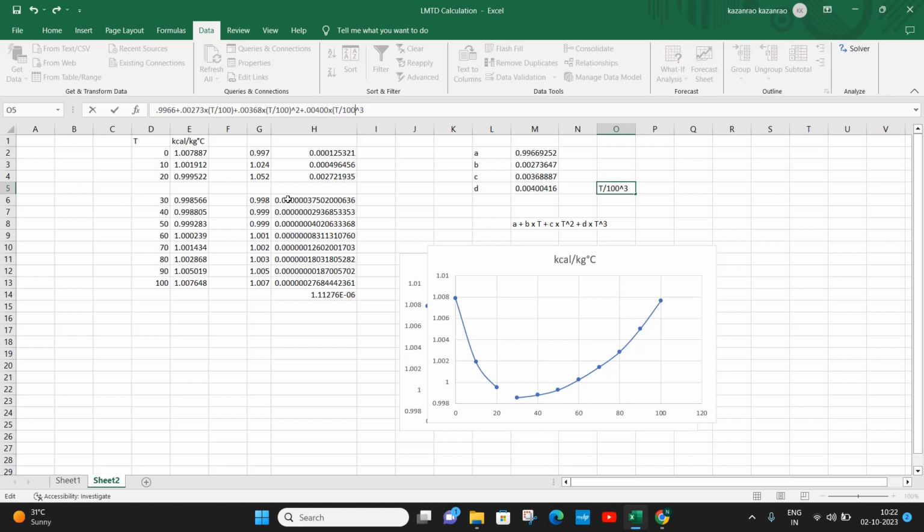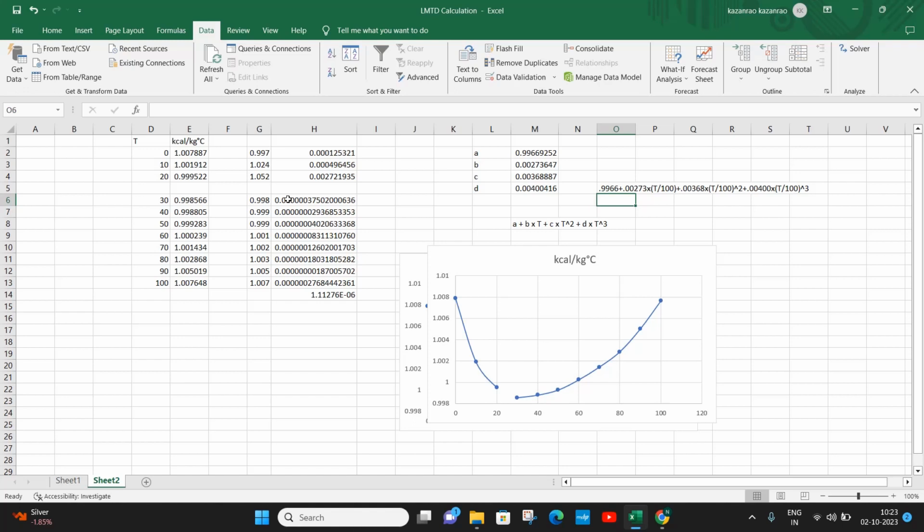So this is the equation. When you know the temperature, you can arrive at the specific heat. Similarly, you can do this for temperatures between 0 and 30, and also for the specific heat of air as well.